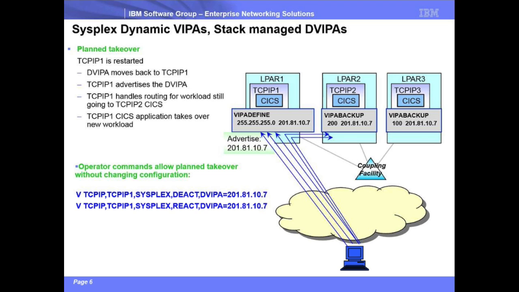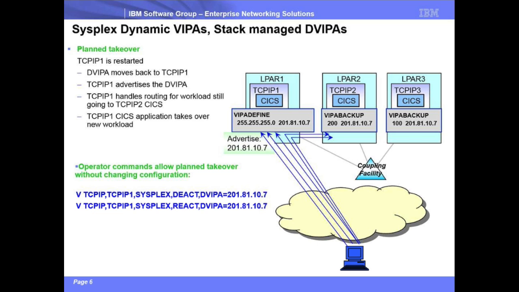So for instance, if we did a deactivate of the DVIPA on TCP/IP1, the VIPA define statement would disappear, allowing TCP/IP2 to take over. And if we did a reactivate, the VIPA define statement would be added back to TCP/IP1 and it would take back over.